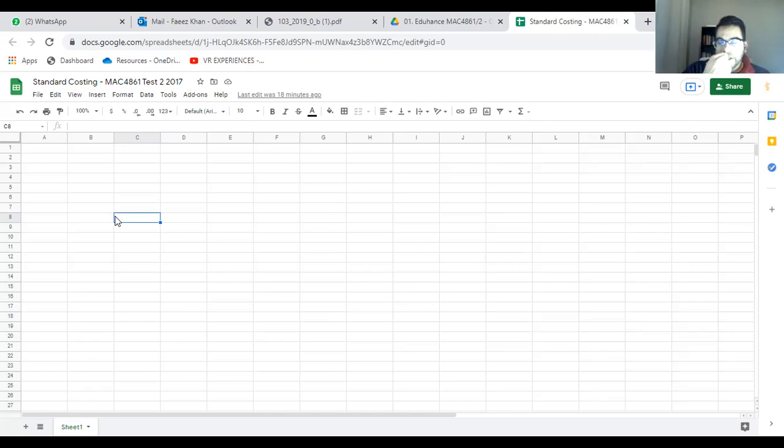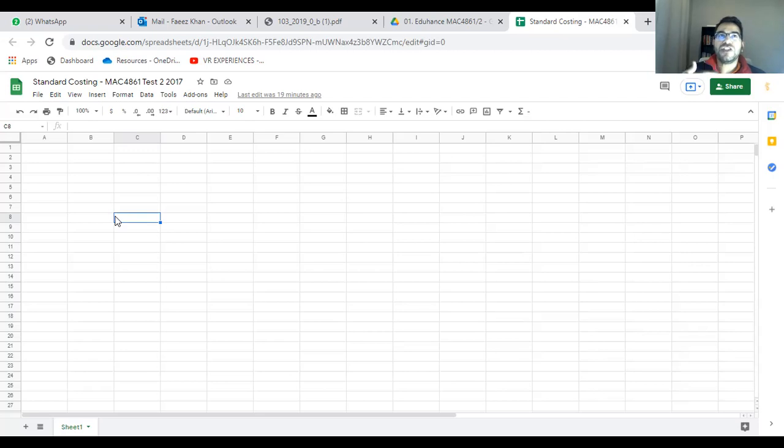So the two aspects, basically, number one, you want to know what is 1 unit of a product. What constitutes 1 unit of a product? So for example, if you are in the furniture business and you make tables, then a unit is a table. Now this is critical because remember we said you need to flex your budget.